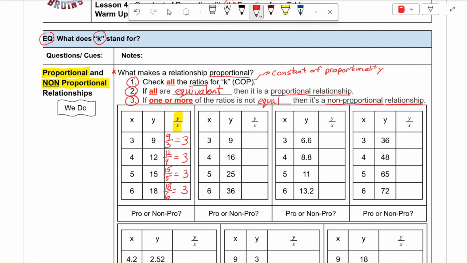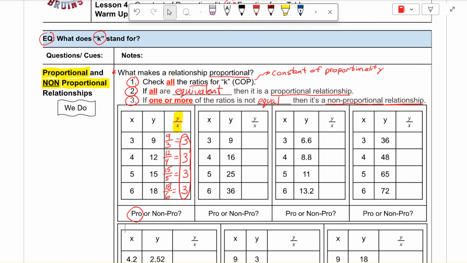And you can see that they are all 3's. They all equal the same thing. The ratios all equal the same. And so that means that this is a proportional relationship, so we're going to call it a pro, for proportional relationship. And that's how easy it is. It's just checking the numbers, moving down, and getting through it.